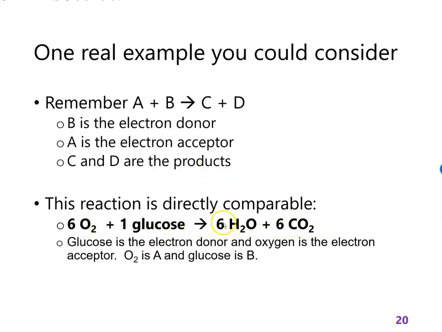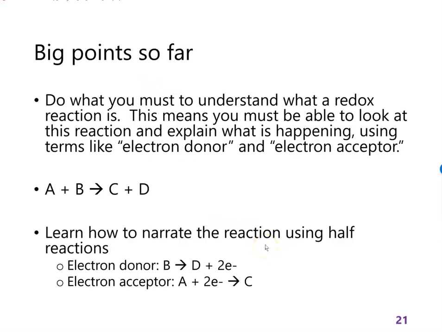Oxygen becomes water when it combines with protons. So oxygen would act like A, it would gain the electrons or accept them, and glucose would be B, it would donate the electrons. So work through this slide, make sure you can interpret all of this, and next we'll look at ATP.